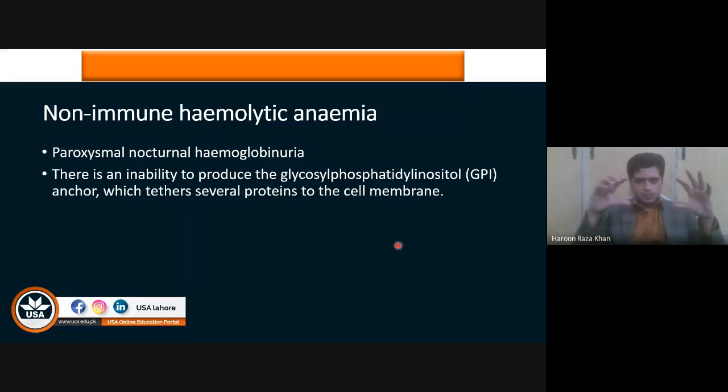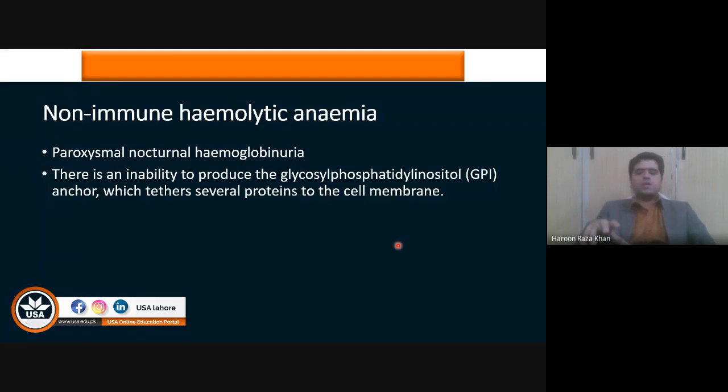This GPI tethers several proteins to the cell membrane. As you know, in the cell membrane there are numerous proteins performing functions. So this GPI acts as a tether and binds them together. Deficiency of two of these proteins, CD59 and CD55, renders the red cell sensitive to the hemolytic action of the complements.